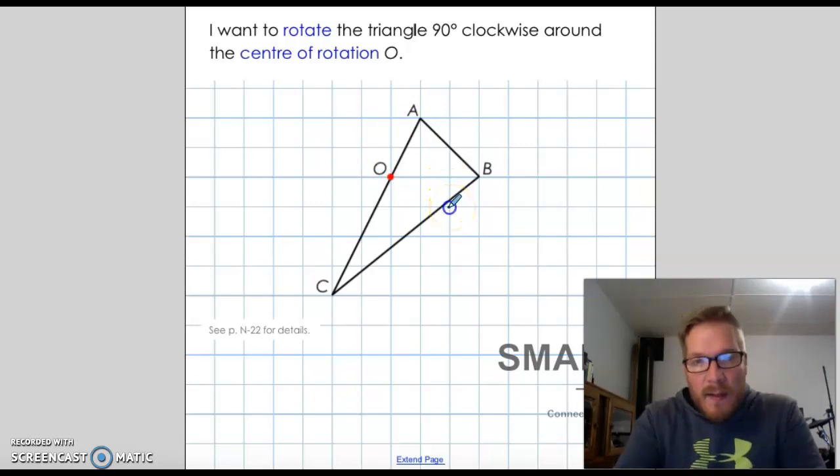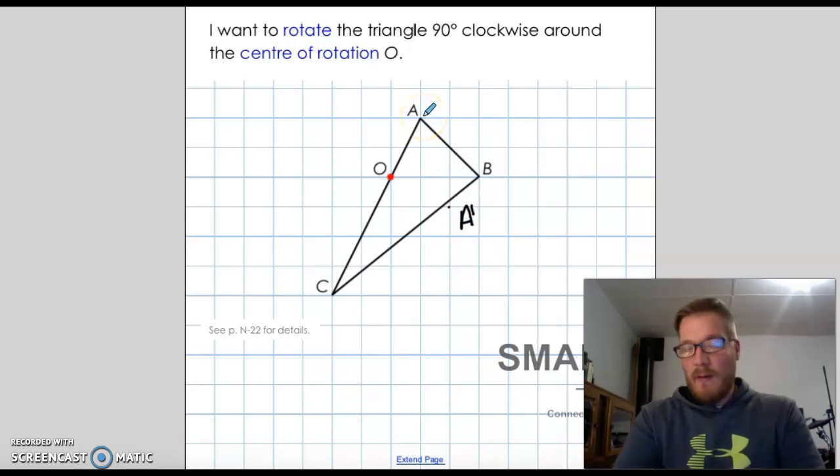So my new A point is going to end up right there, and that's going to become my A prime. All I did was count spaces, and it's a bit tricky sometimes. You have to keep it straight in your head, but I just counted over 1 to the left and then down 2, and then over 2 and down 1. So the numbers themselves, you can use them again. It's just whether or not they go up or down, right or left. You have to try to keep that straight.